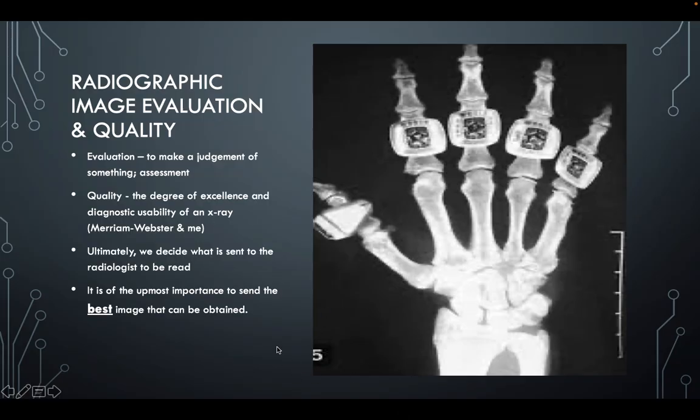So it is of the utmost importance to send the best image that can be obtained to PACS or MEMS so that radiologists can read these images, not miss fractures or other injuries or disease processes that may be happening. That way, patients can then get the treatment that they require as quickly as possible.